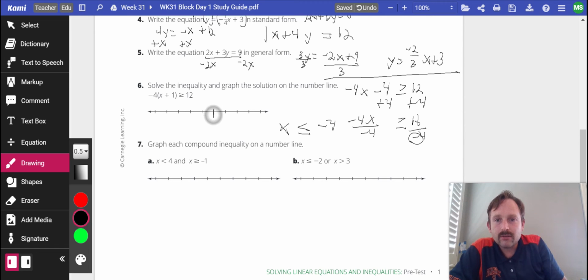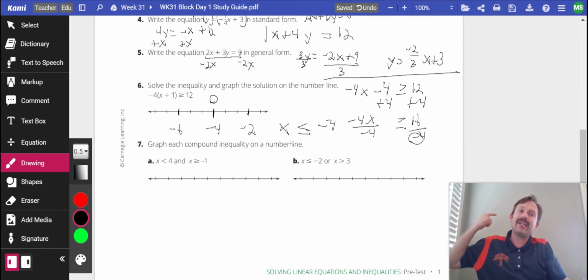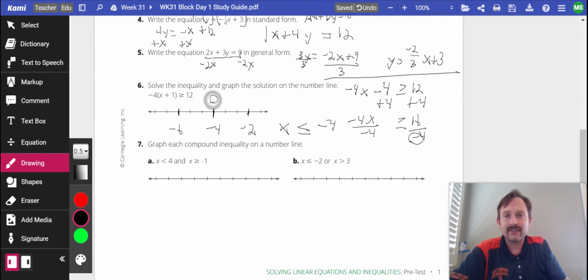So all you have to do is you put a negative 4 right here. Let's make this like negative 6. Let's put this negative 2 right here. 1, 2, blink. 1, 2, blink. Is it an open or closed? It has an equal sign, so it is closed. All right, fill it in.